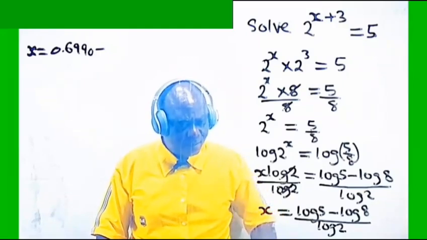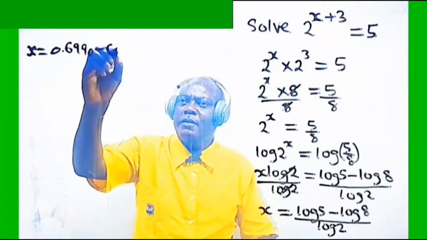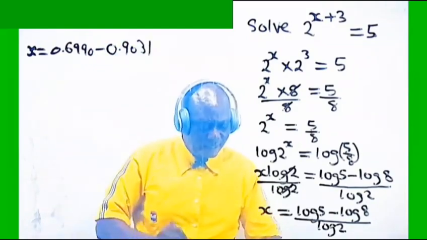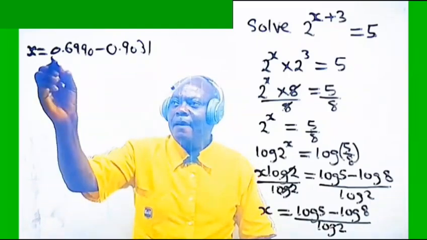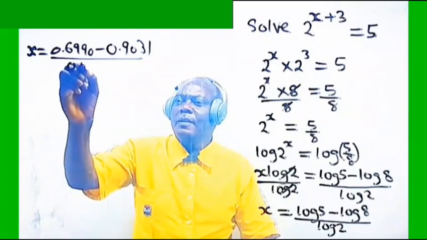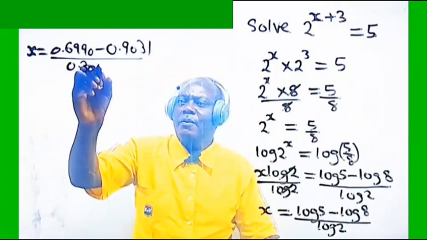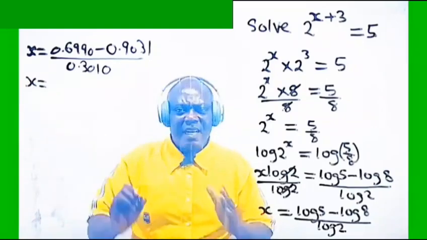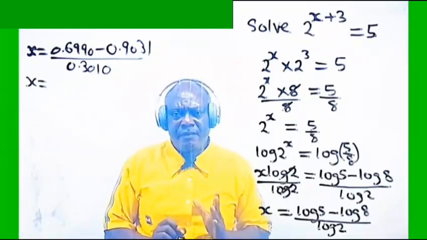Log 8 is 0.9031, all over log 2, which is 0.3010. So this is how this question will be solved.